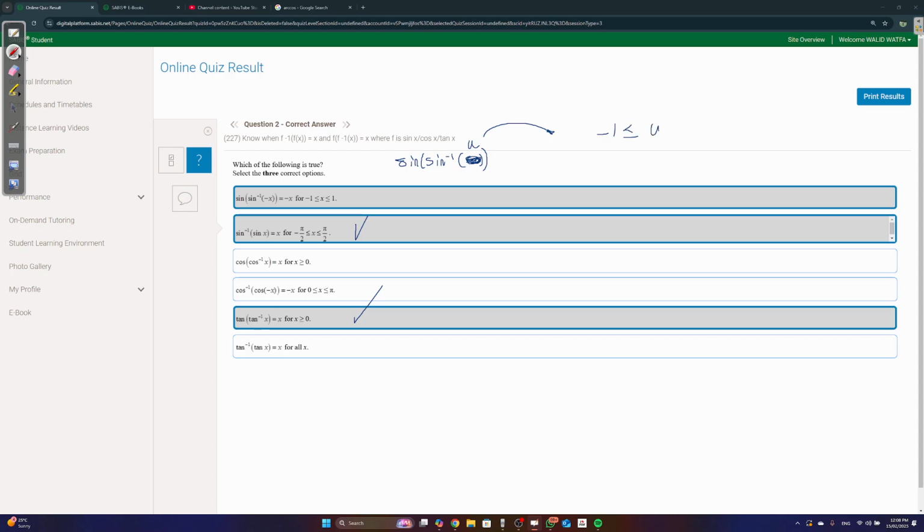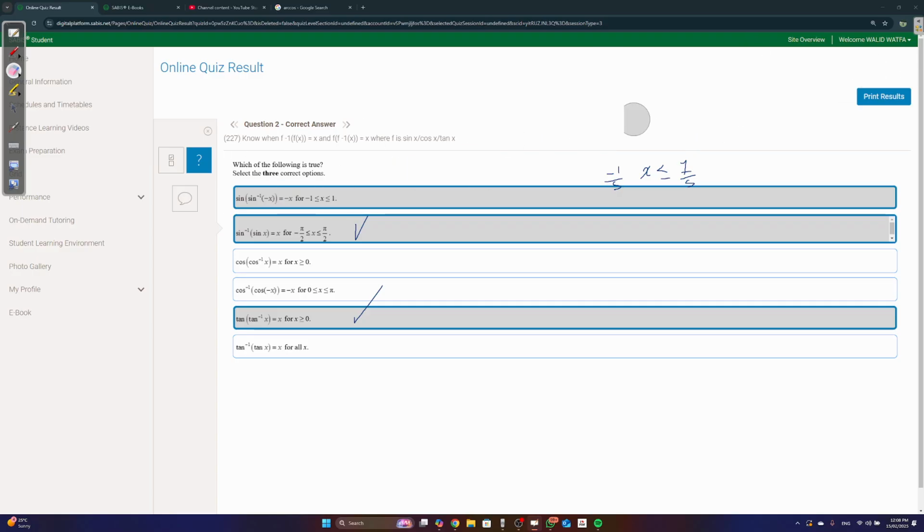Minus 1 and 1. And I know u is equal to 5x, right? So if I want to write it in terms of x, I just have to divide by 5. So divide by 5, change this to x. If they put 5x in the brackets, work as if it's u and then change it back. So you're going to get this.